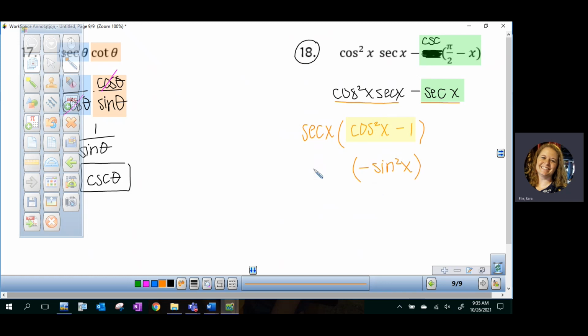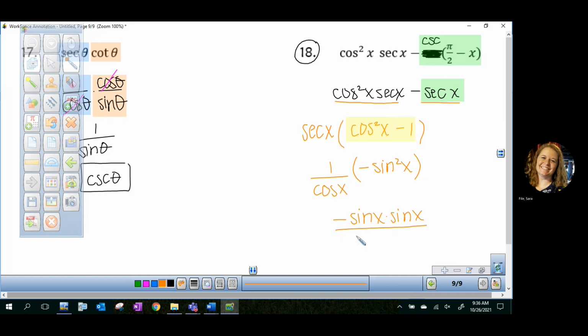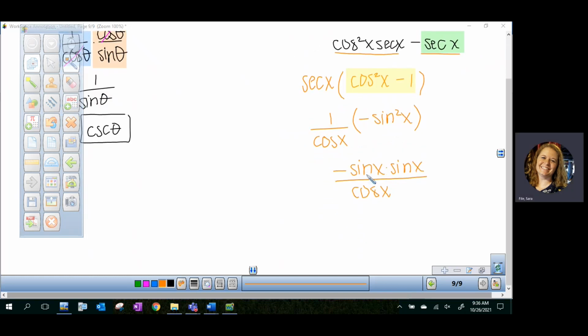Now, secant can be rewritten as 1 over cosine. So if I just do some simplifying, again, this is like sine of x times sine of x, right? Sine squared over cosine. We know the sine over cosine is the quotient, tangent.